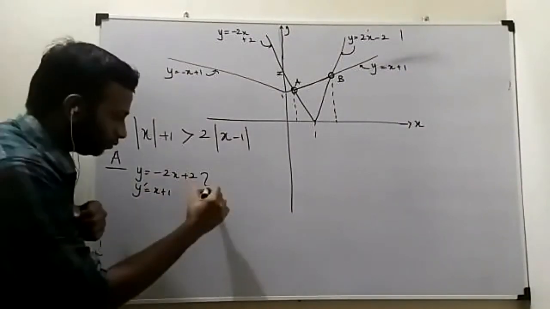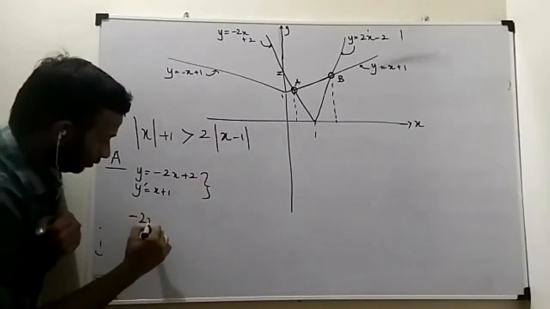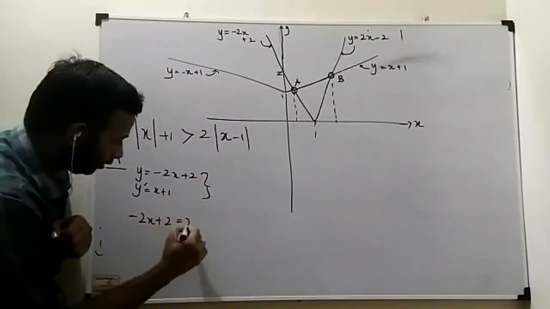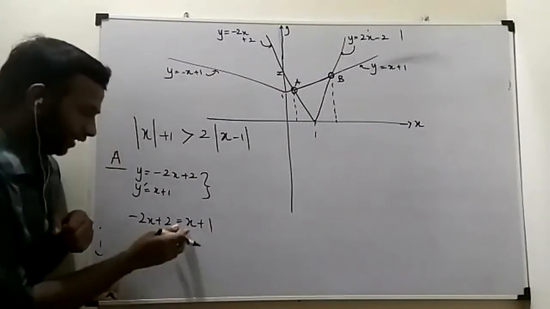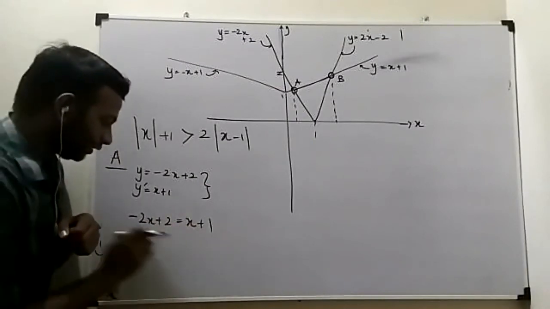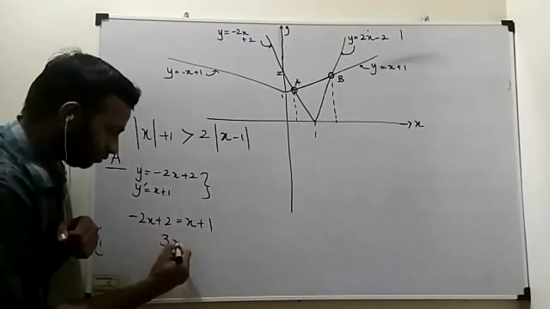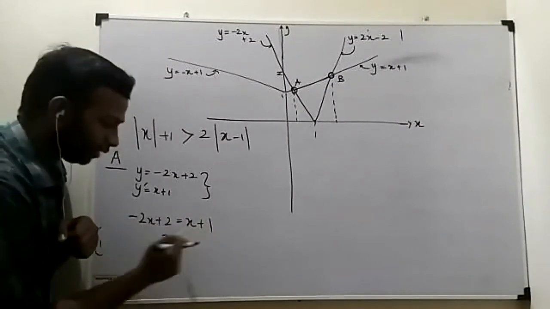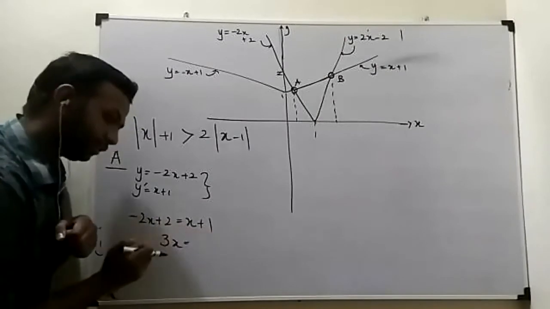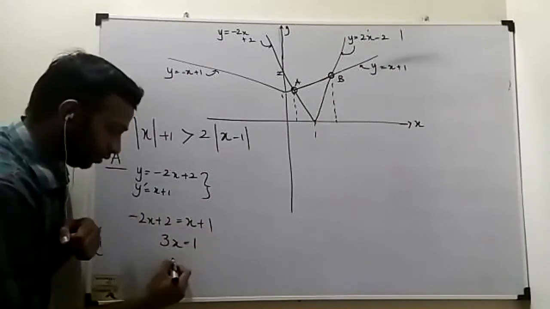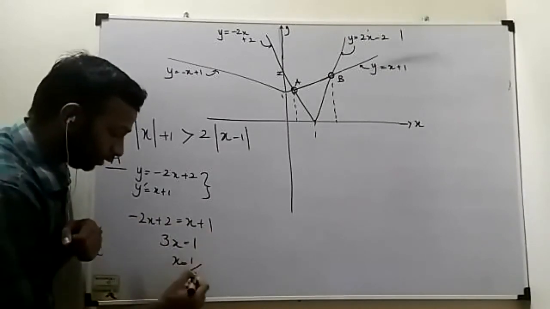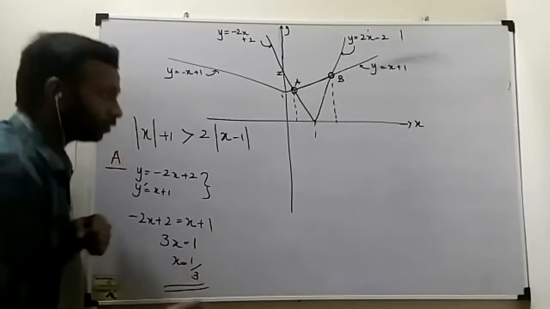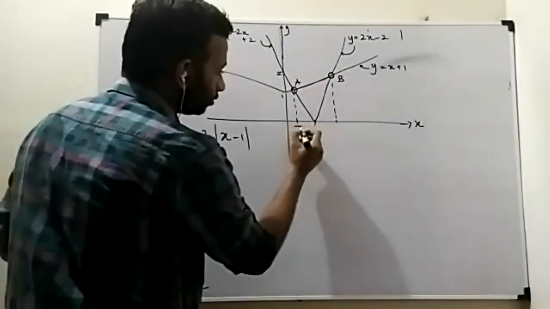From these two, minus 2x plus 2 is equal to x plus 1. Taking 2x this side, it will be 3x, and taking 1 the other way, 2 minus 1 becomes 1. So x is equal to 1 over 3. So this point is 1/3.